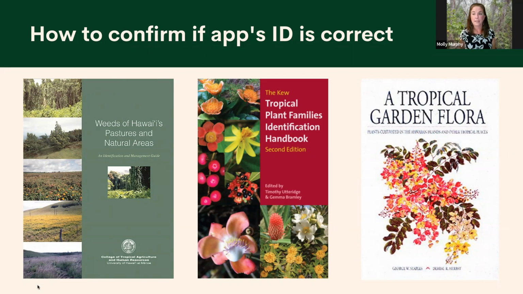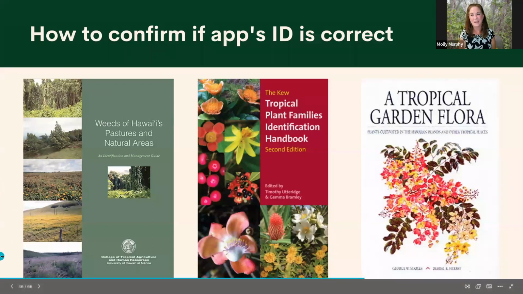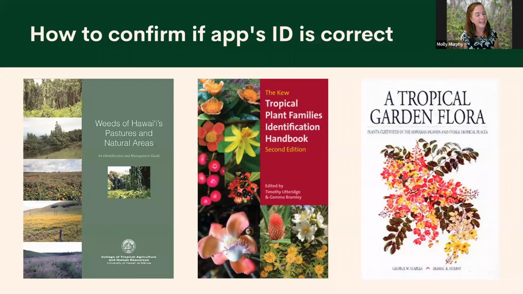And then finally on the right, we have A Tropical Garden Flora by Staples and Herbst. I use this book almost every day, because I'm really interested in the narrative of each plant.